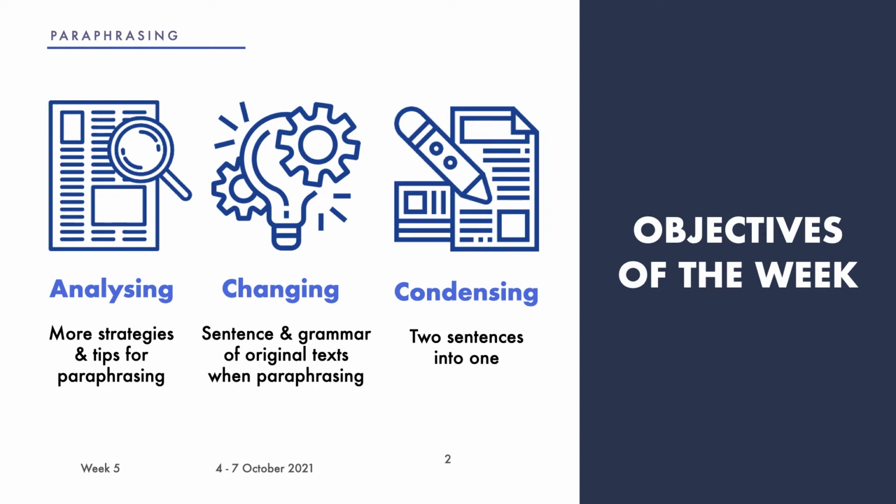The focus of this week will be how we combine two sentences into one through the process of condensing. And by condensing, of course, we're going to recall some of the knowledge that we have learned in the previous two weeks, which are the use of shell nouns as well as nominalisation.